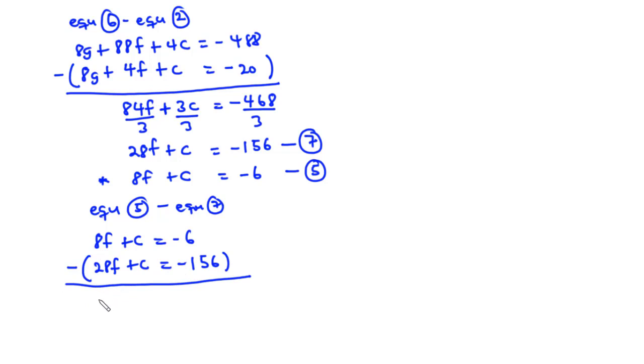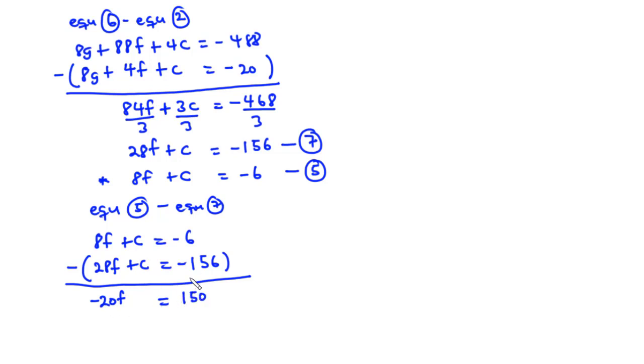Eight minus 28 is negative 20, so we have negative 20F. C minus C equals 0. Negative 6 minus negative 156 is the same as negative 6 plus 156, which is 150.